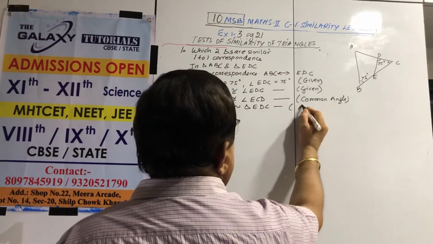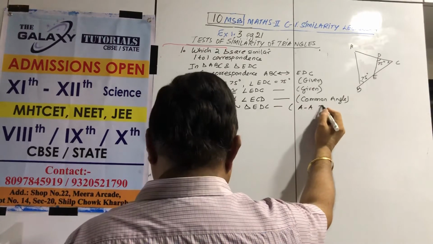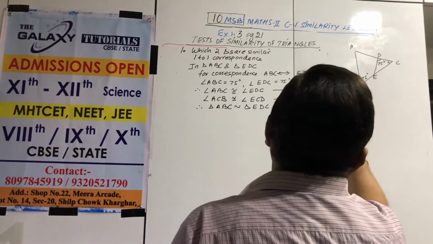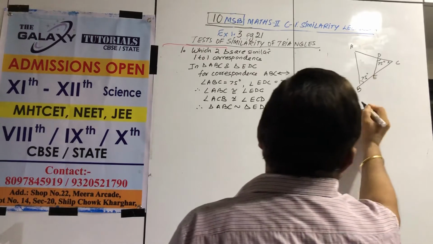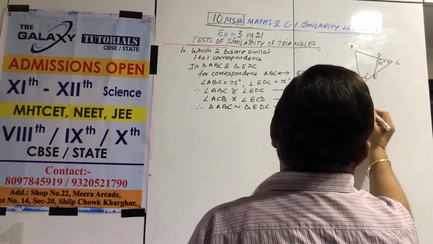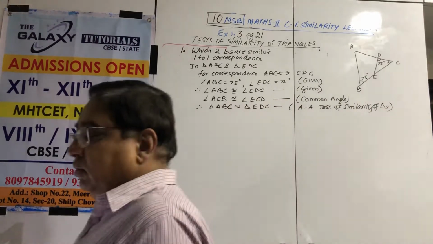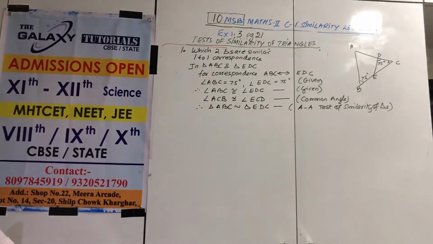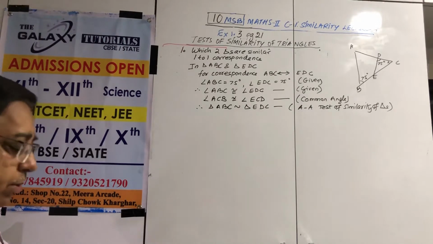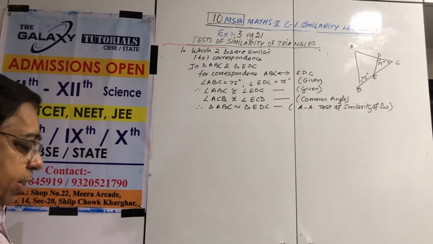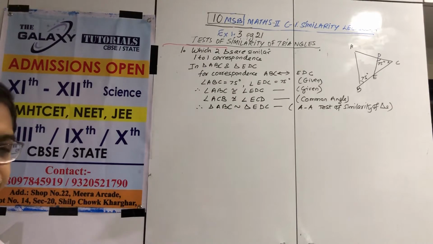Which test did we just see? If two angles of two triangles are congruent, then those two triangles are similar. We have used the AA test. This is how to do the sum.